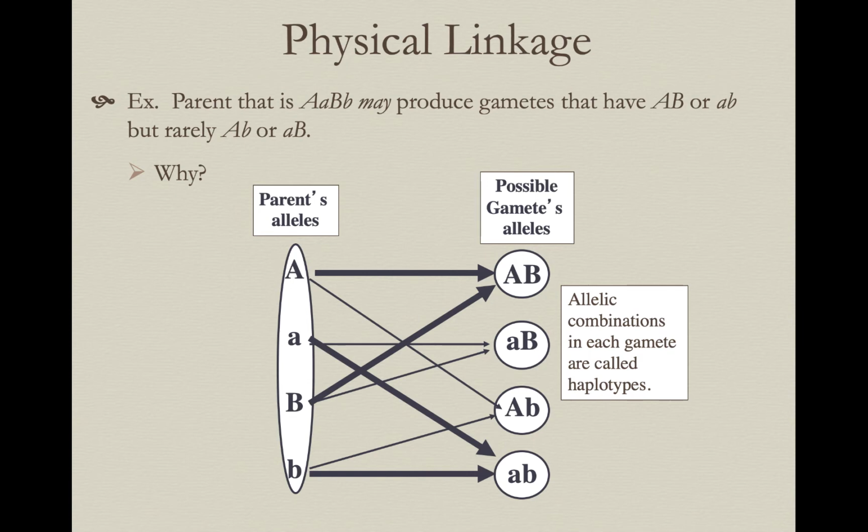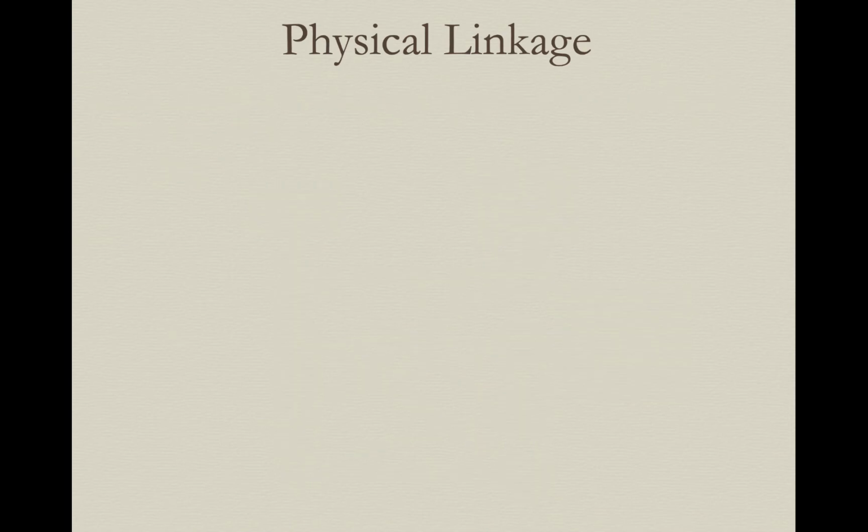The gametes just have one chromosome of each type, so that's the haplotype. And so at the A and the B locus, you just have one allele. The allelic combinations in the haplotypes formed by this one individual are primarily going to be both the dominant A and B, or the recessive a and b. Why are you not getting these other combinations?